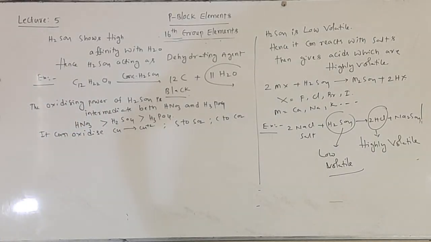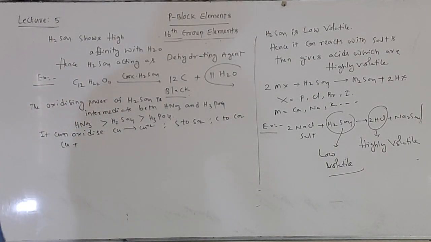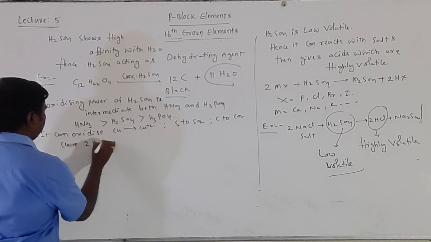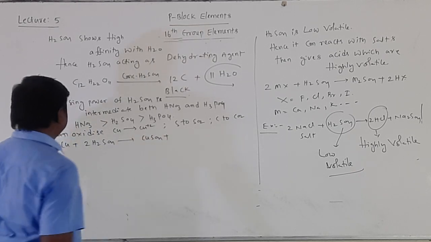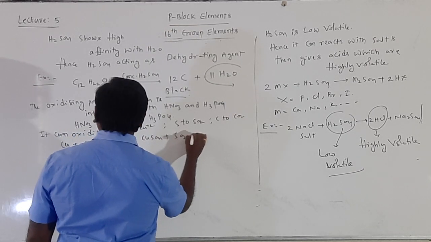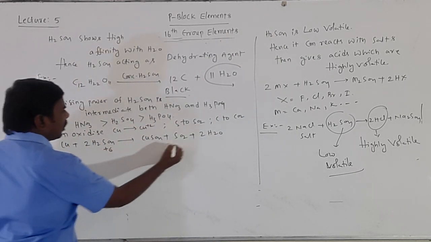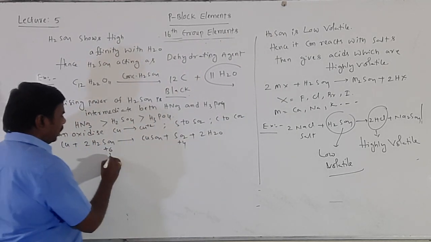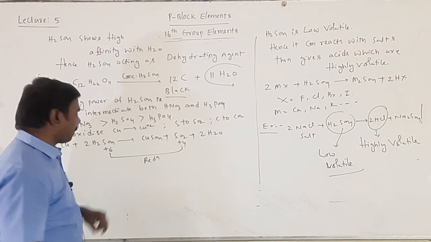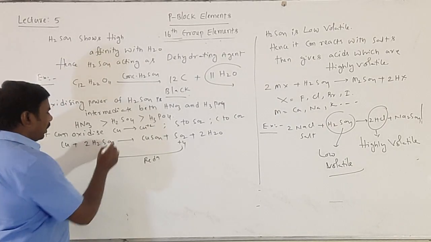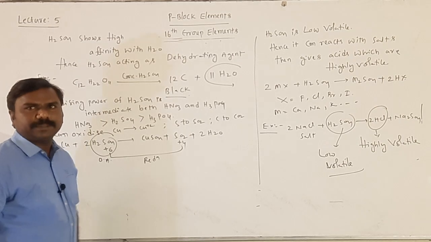A few reactions. Cu plus 2H2SO4 gives rise to CuSO4 plus SO2 plus 2H2O. Plus 6 is converted into plus 4. H2SO4 itself is involved in reduction; a decrease in oxidation state is called reduction. Reduction means acting as an oxidizing agent. It oxidizes copper to copper sulfate.